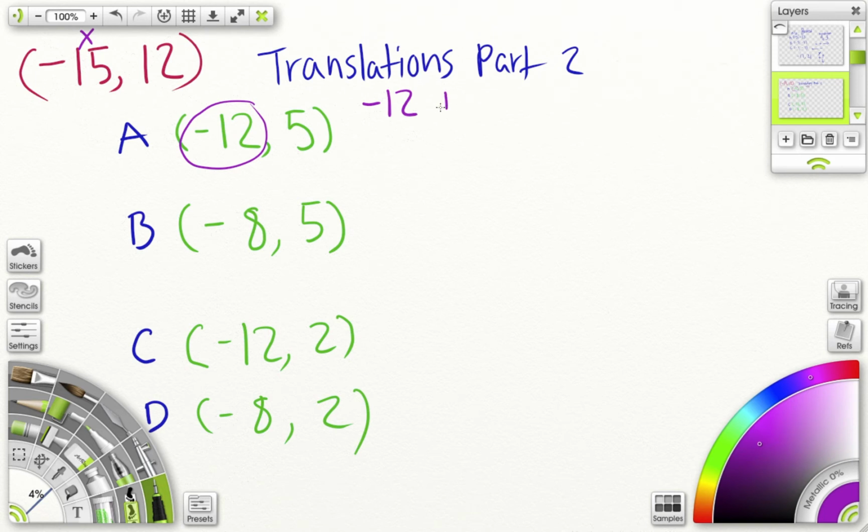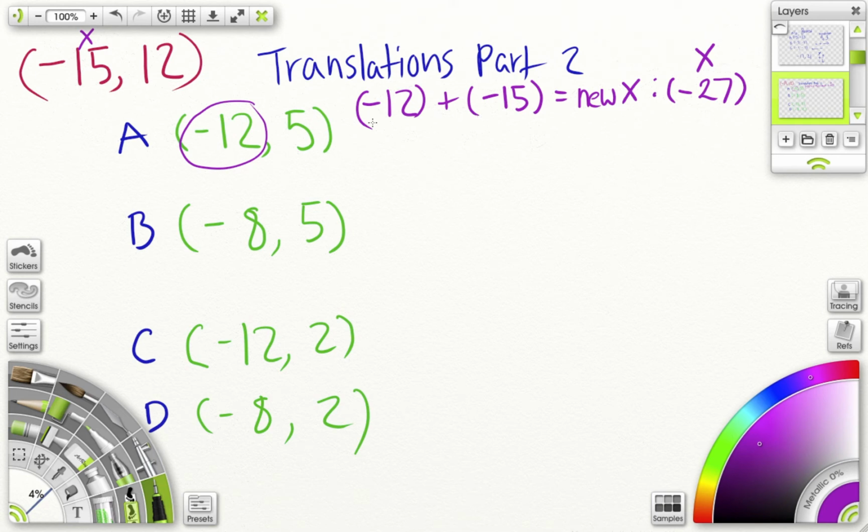So I add negative 15. And that would give me my new x coordinate. So my new x, negative 12 plus negative 15 is negative 27. So that would be my new x coordinate, is negative 27.